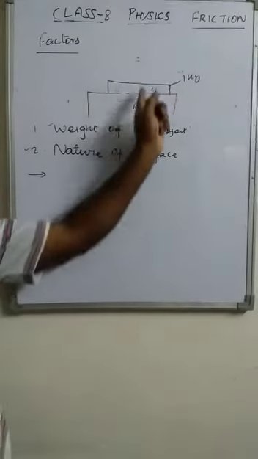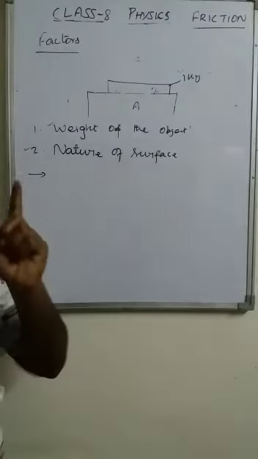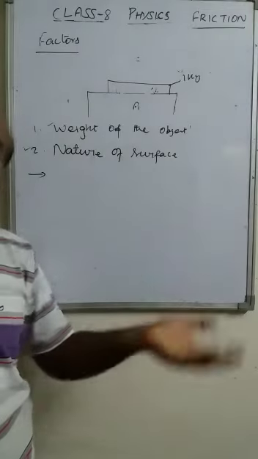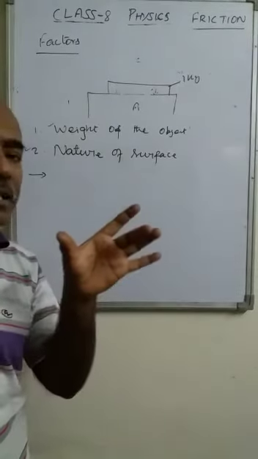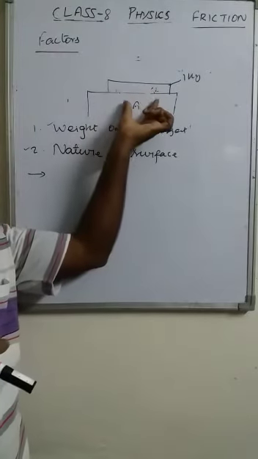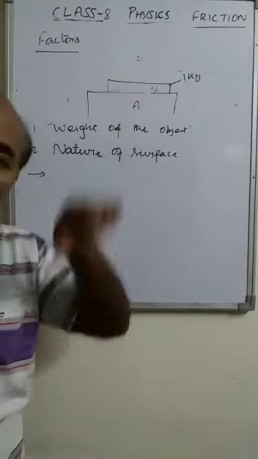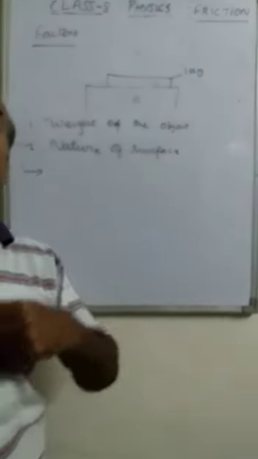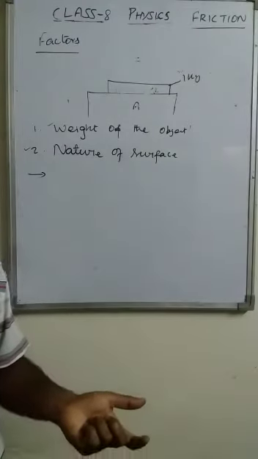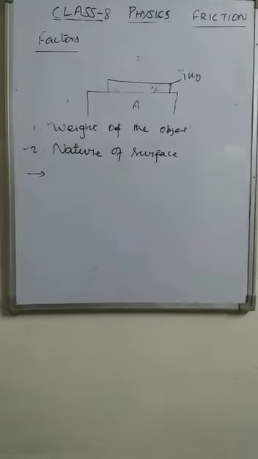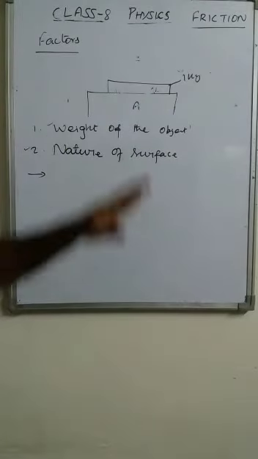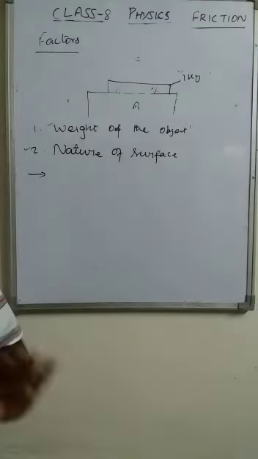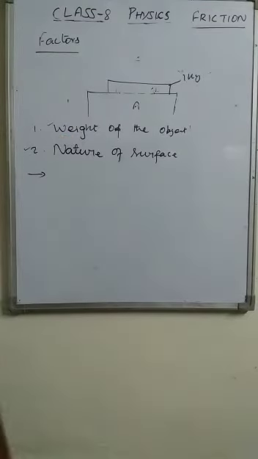That means weight is the same, nature of surface is the same, but what is different? In the earlier case, the surface in contact with the lower surface was less. Here the surface of contact is increased. On increasing the surface area, keeping the nature and weight the same, the friction remains the same.